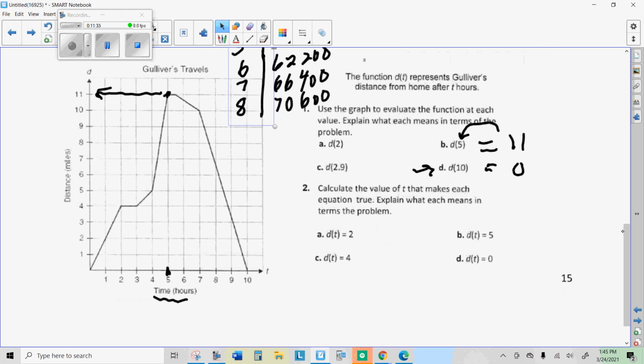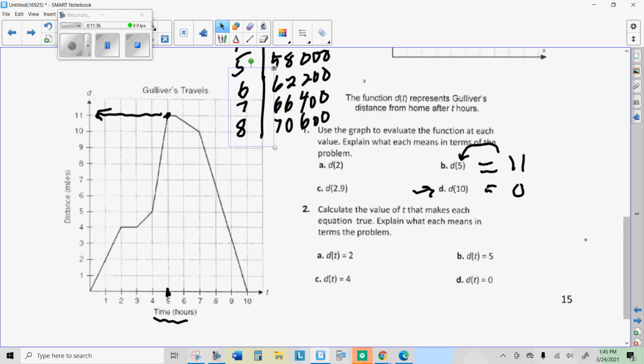You might have noticed that it represents the miles away from where Gulliver started. So basically they're saying he's back in 10 hours, he's back to where he started from. Now down here we're trying to find the distance. When the distance is 5, what is the time input? So I'll do this one with you.